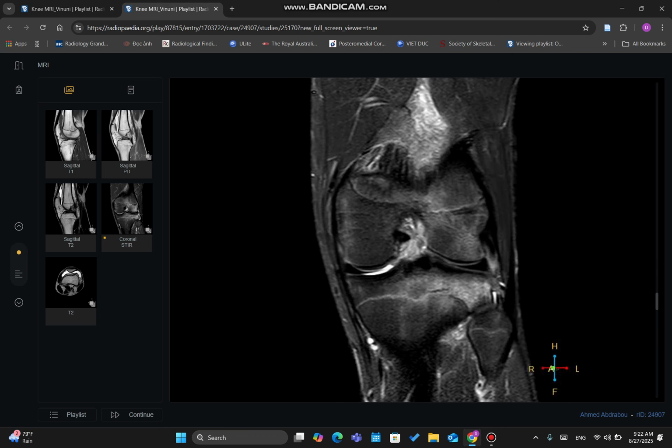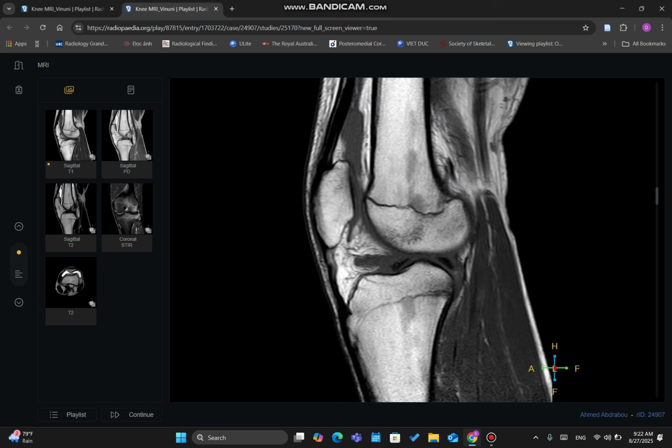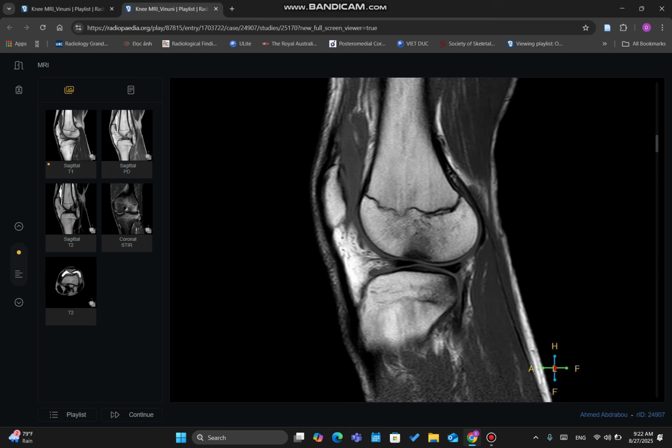This kind of bone marrow edema is not spontaneously distributed throughout. It has its own epicenter, which can be clearly seen on T1.